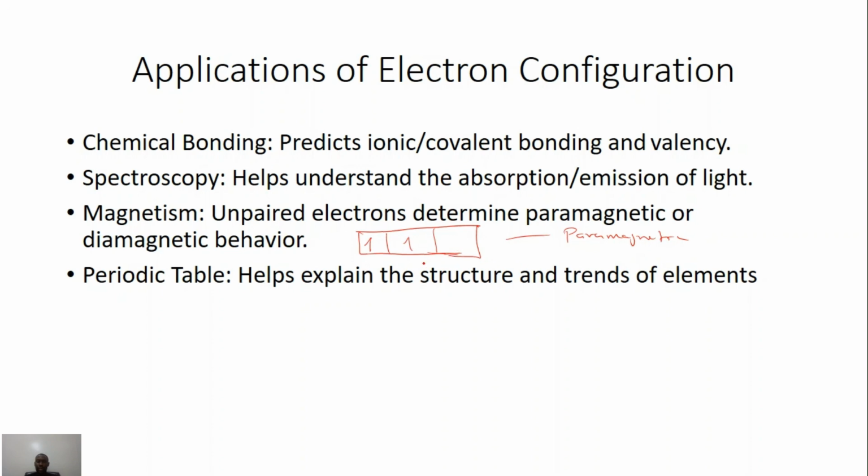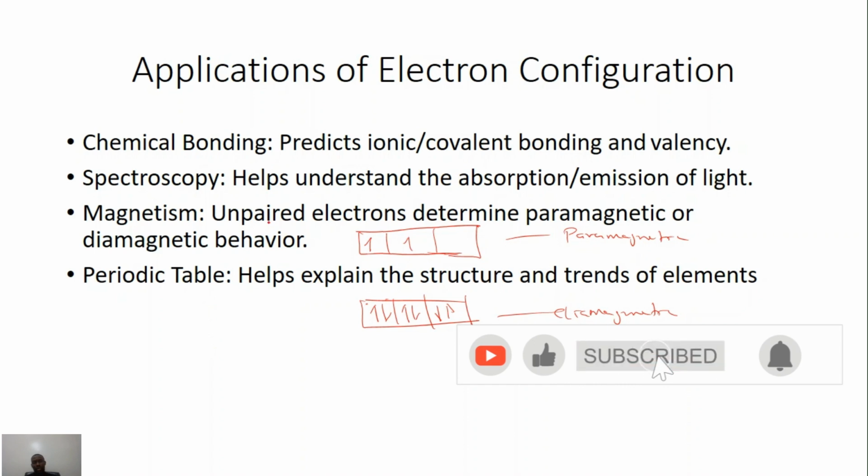While those that have paired electrons, for example if these p orbitals have electrons that are all paired in all the orbitals, will be diamagnetic, which means they will not be influenced by a magnetic field. When we get to the periodic table, we'll see how important electron configuration is. It can tell us the location of the atoms of the elements in the periodic table.